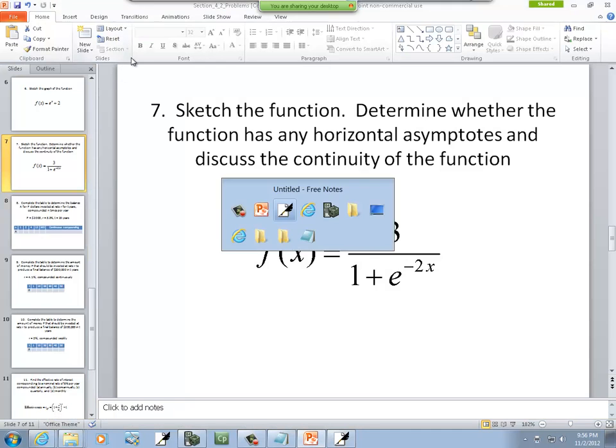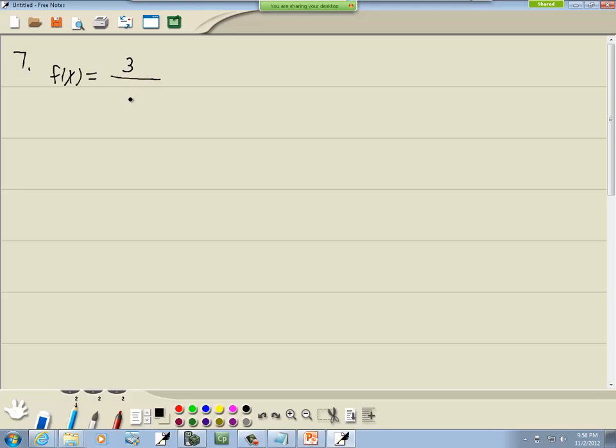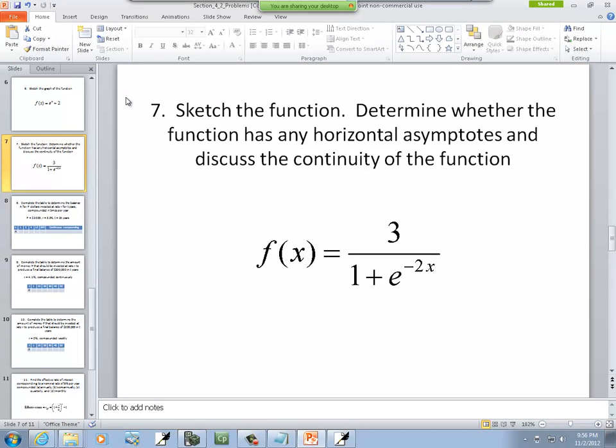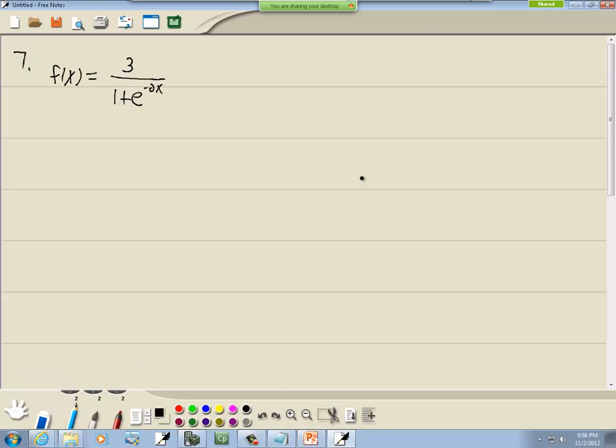We've got f of x is equal to 3 over 1 plus e to the negative 2x. Now the instruction is a little bit different here. It says sketch the function, so we're going to go ahead and plug this in our calculator. And then it says determine whether the function has horizontal asymptotes and discuss the continuity of the function. Well, it's hard to discuss the continuity of it, but let's go ahead and graph it first.